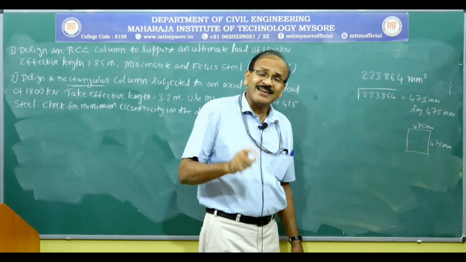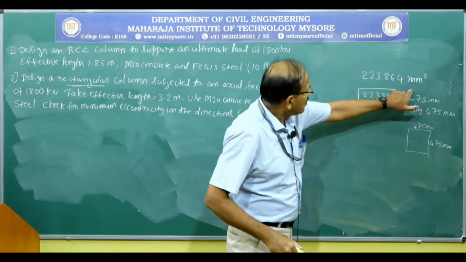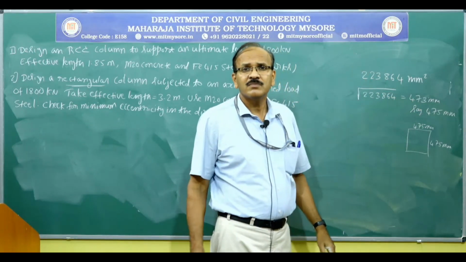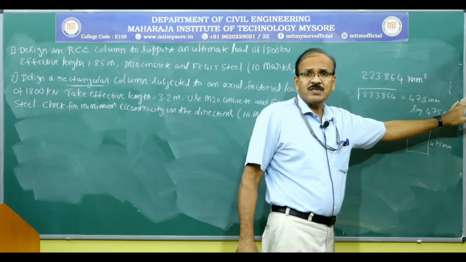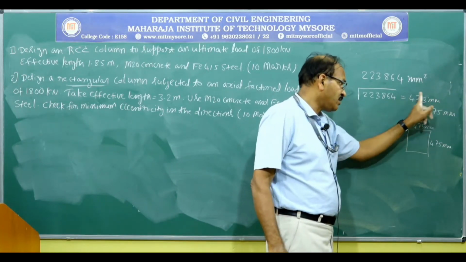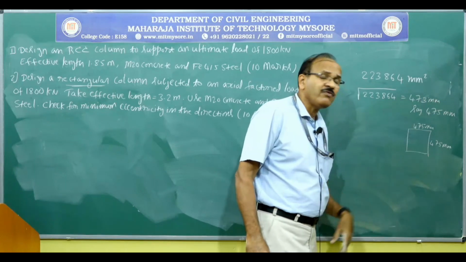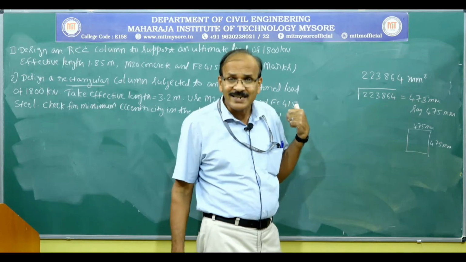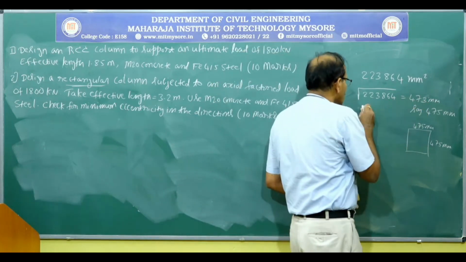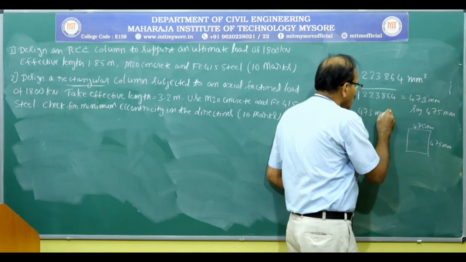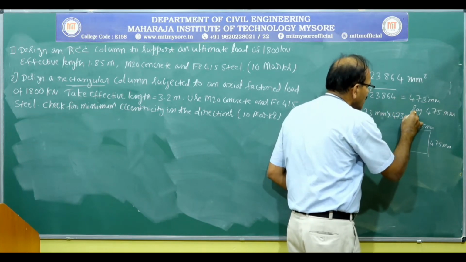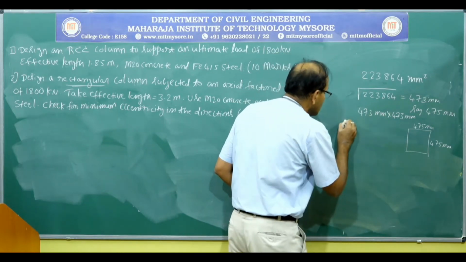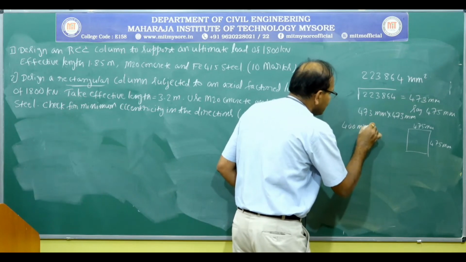If you are providing a rectangular column, don't change the calculation or the steps until you find out this. So find out what are the dimensions required for a square column, 473 by 473. Because you are providing a rectangular column, reduce one of the dimensions, say one of the dimensions is 400 millimeter.